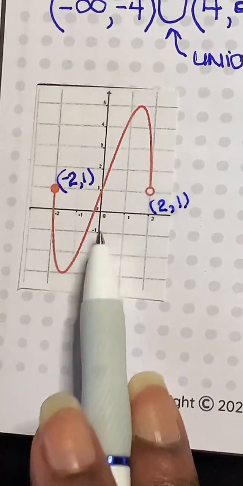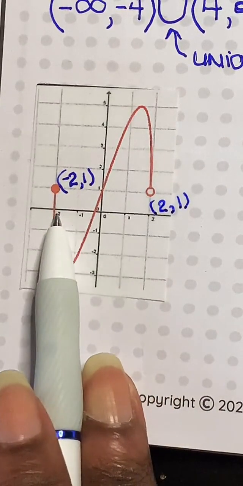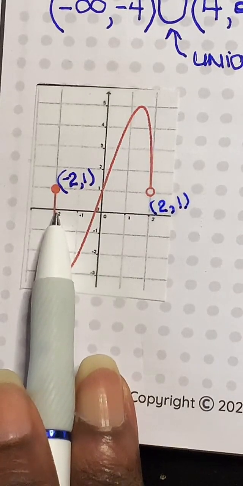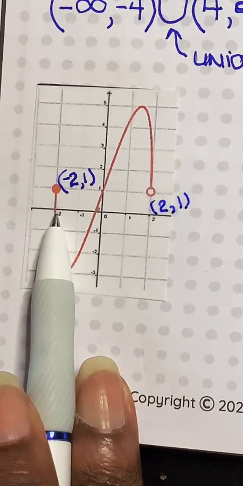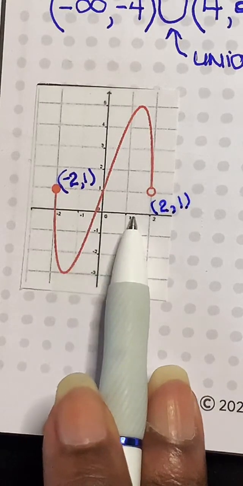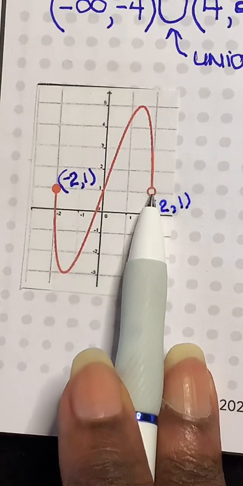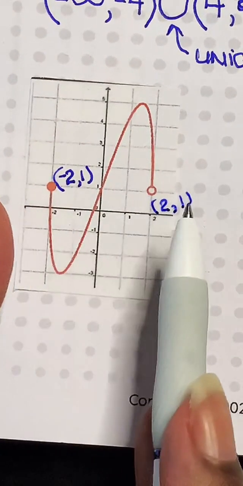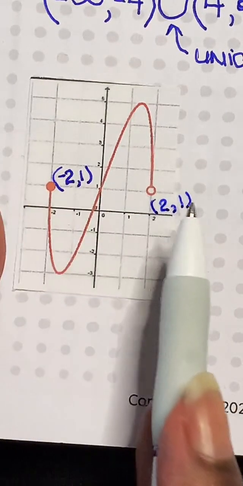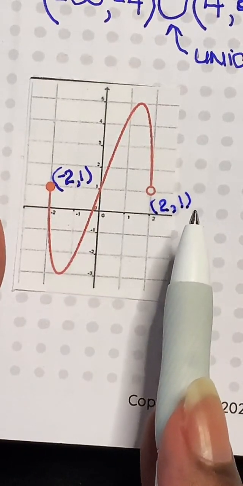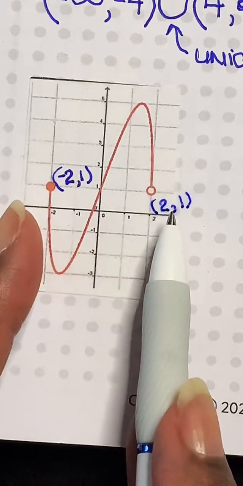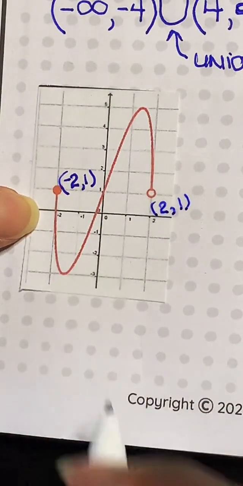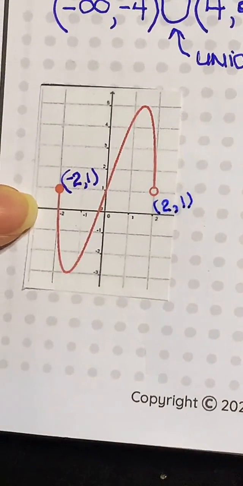We want to know what's the lowest value of X that we got? And it looks like -2. And the highest value of X is right here at 2. So the domain is looking at basically how wide the graph is, like how wide is my waist. So we're starting at -2 to +2.